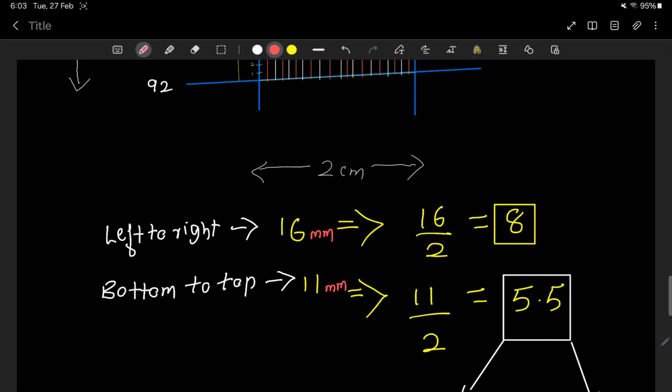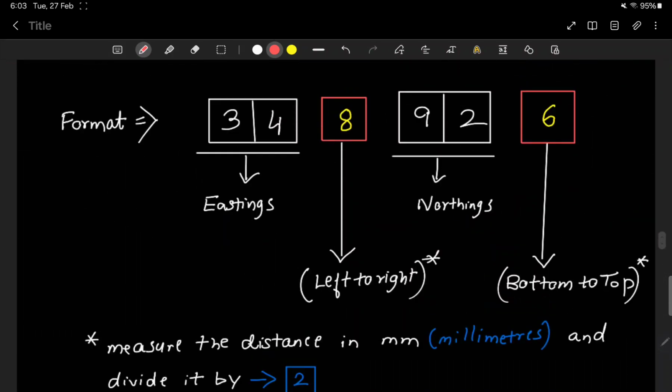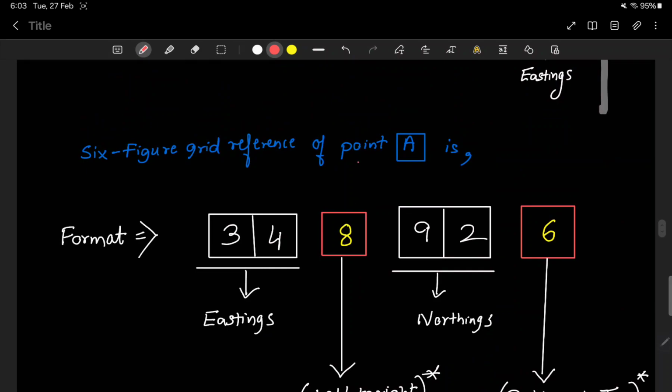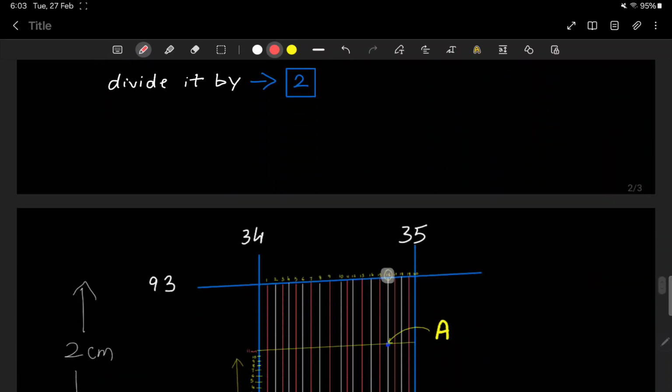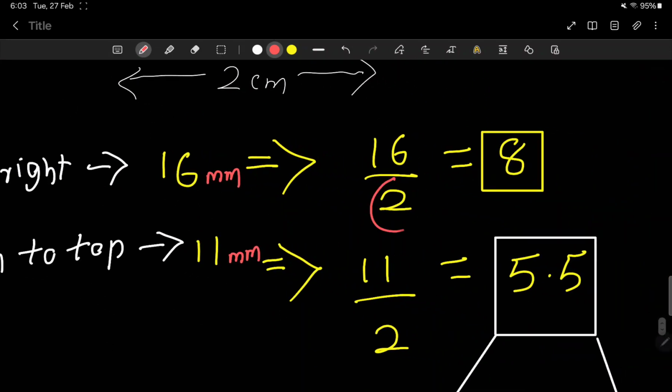Now there are two digits here, and here also we can see two digits, but there is only one blank. How can we input two digits here? We can only input one single digit. So in order to convert these into one single digit, we need to divide by 2.